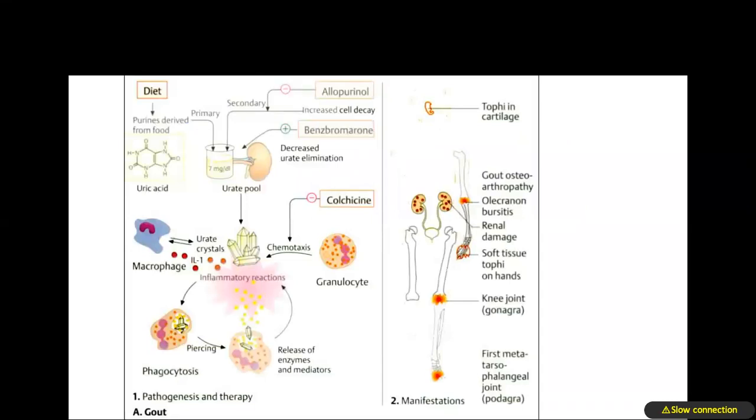So to recap what we told you about gout: the diet gives you purines, and these purines come into the body. They are excreted by the kidney, right? And if there is reduced uric acid elimination, or you pump in too much uric acid, you can get gout.